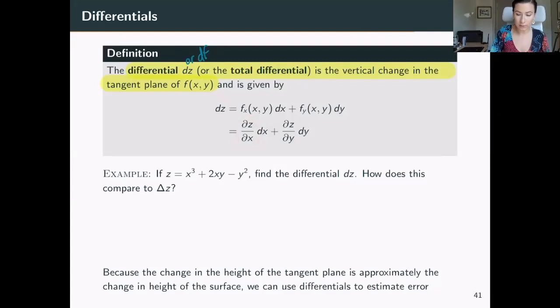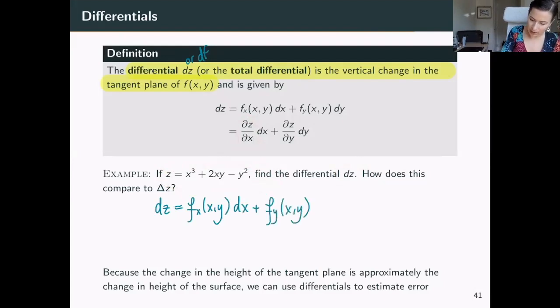I have a curve given by this polynomial, and I want to find the differential dz. So to figure this out, we use the formula above. So we have that dz is going to be equal to fx of x comma y dx plus fy of x comma y dy. And we can figure out the partials individually. Here I have that my partial with respect to x is going to be 3x squared plus 2y plus 0 dx.